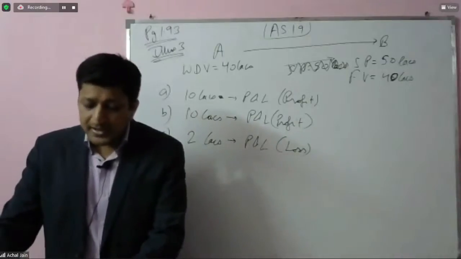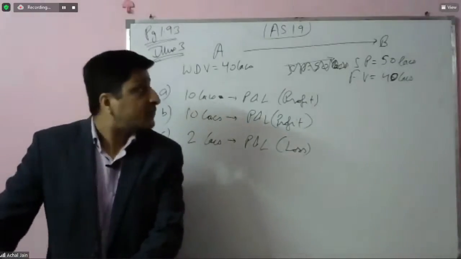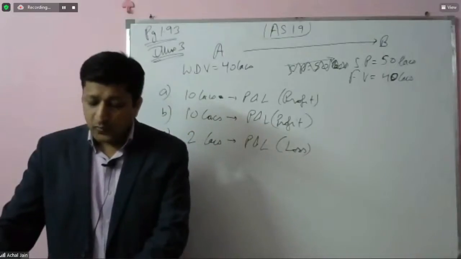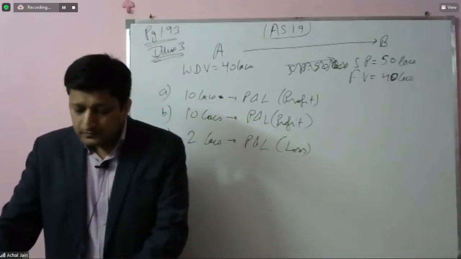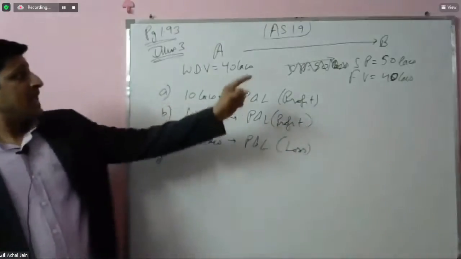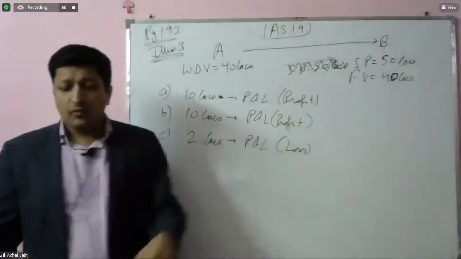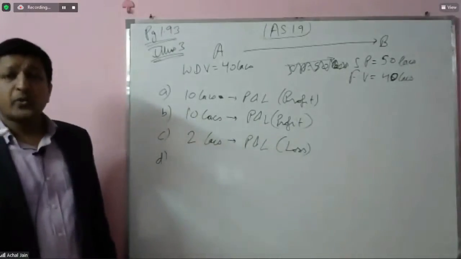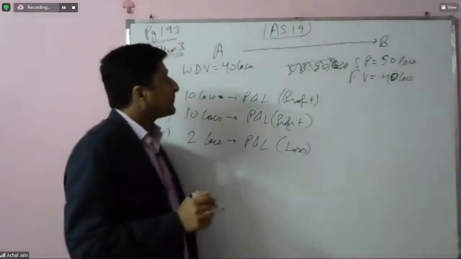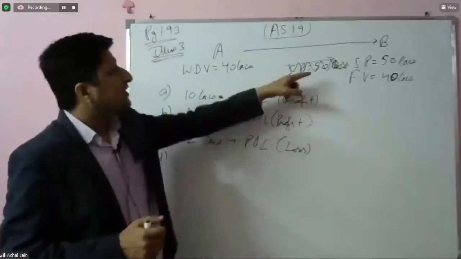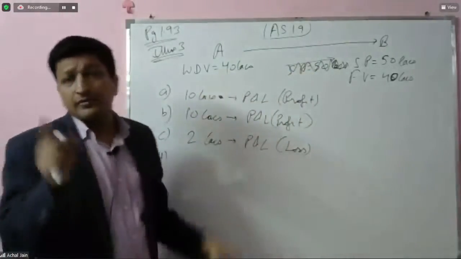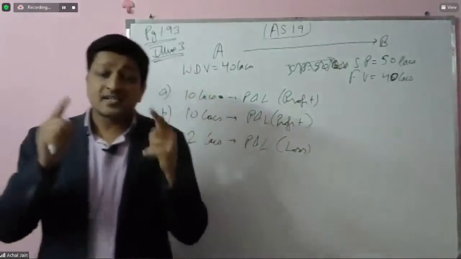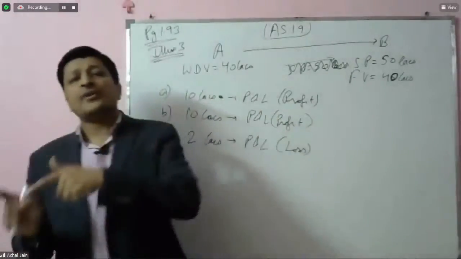So now in this scenario, when the fair value is 40 lakhs and sale price is 50 lakhs, what is the excess? Excess of selling price over fair value is 10 lakhs. Now we are not looking at the profit of 10 lakhs. Please understand. Profit is the difference between selling price and WDV. We are not looking at that profit. We are looking at excess of sale price over fair value.